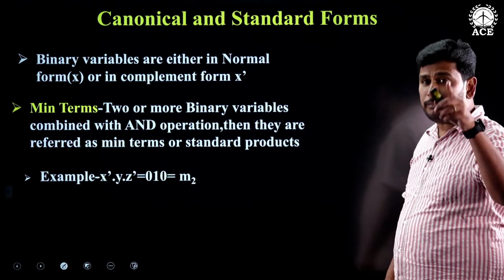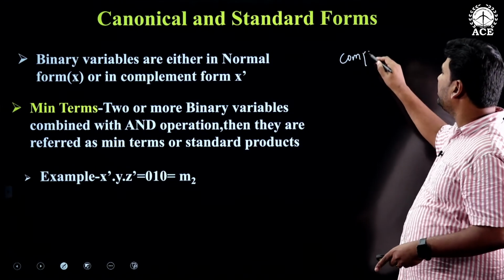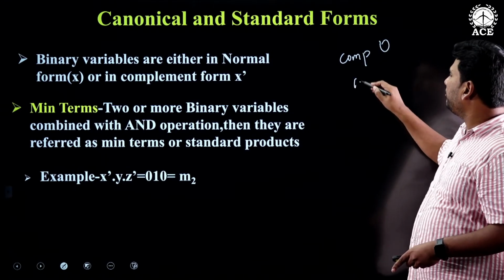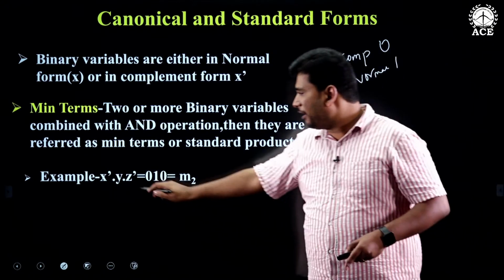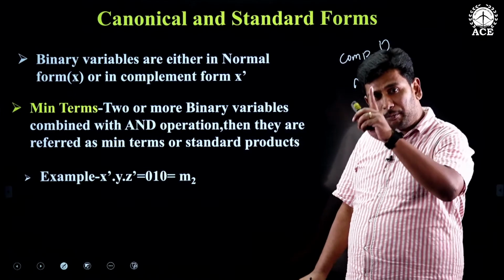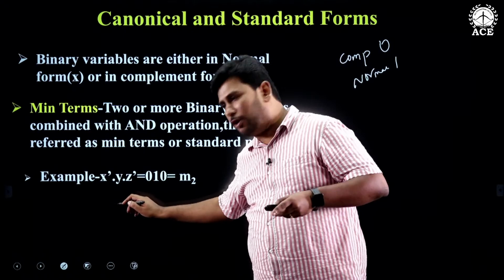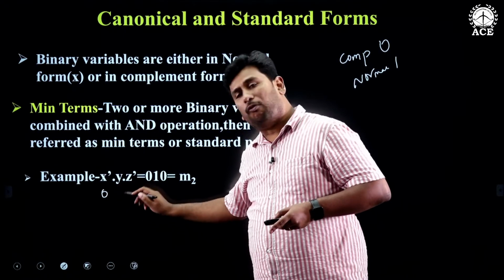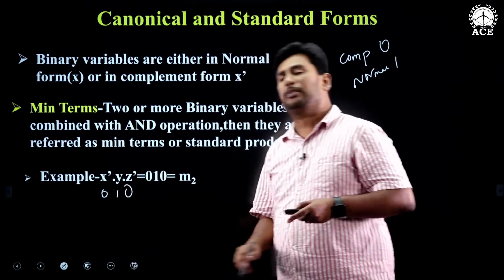Here is a simple example. Remember, in minimum terms, complement variables are indicated with zeros, normal variables with ones. So here I have a minimum term with x complement, y, z complement. x is a complement so 0, y is a normal variable so 1, z is a complement so 0.